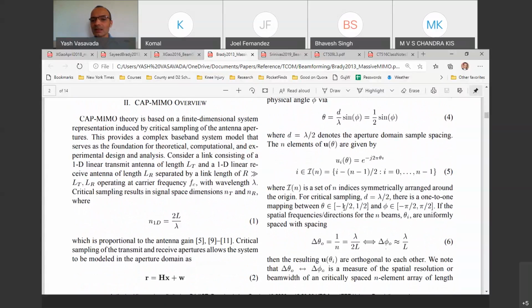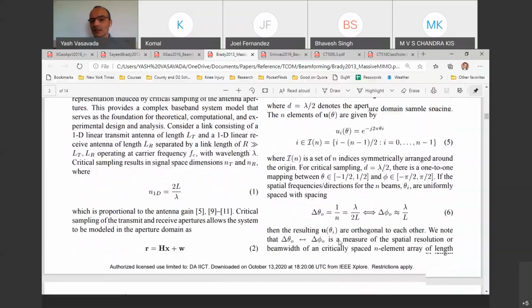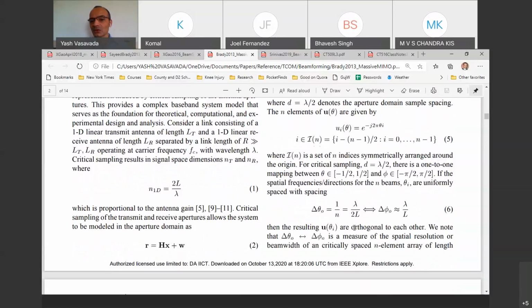And they are saying that if the columns of that U matrix are defined for different angles theta, which is 1 over n, then the resulting U theta i are orthogonal to each other.